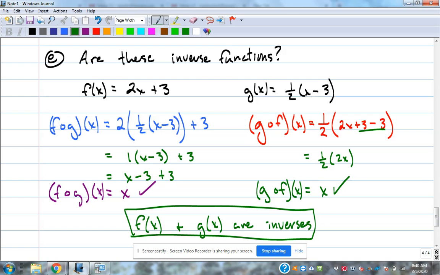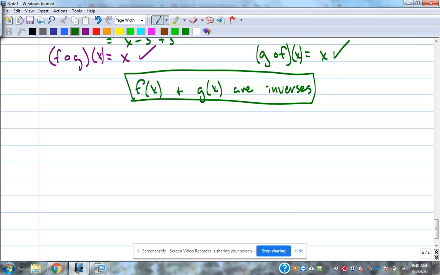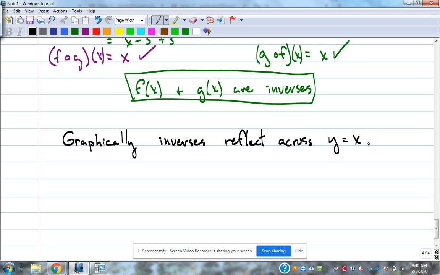Okay? Graphically, it's a little harder to see sometimes, but there is a graphic verification. So graphically, inverses reflect across y equals x.